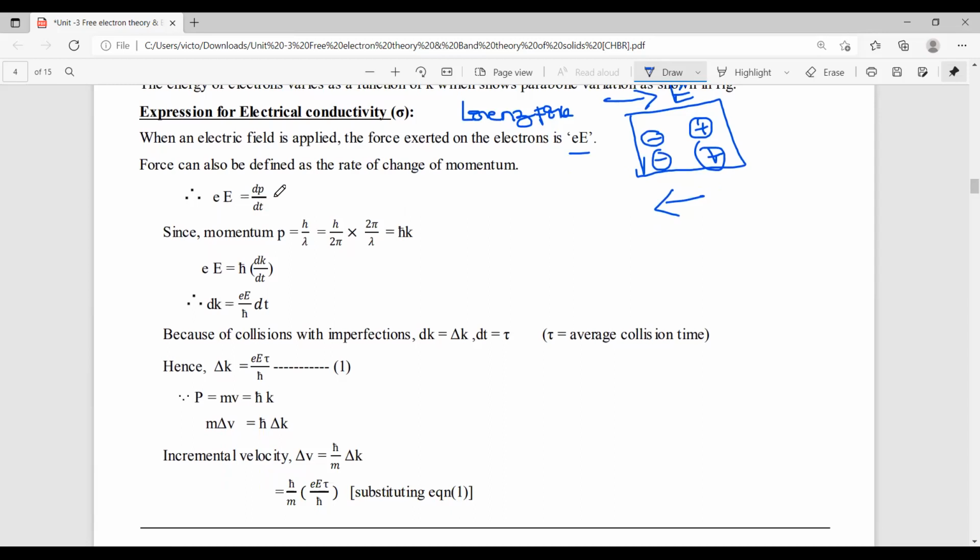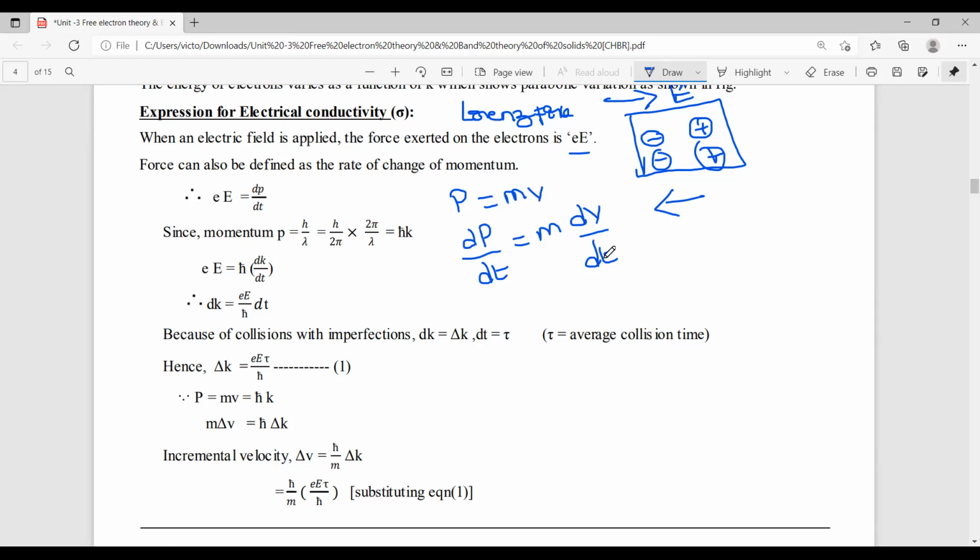Now, it is also equal to the rate of change of momentum. What is the rate of change of momentum? Momentum P is mass into velocity. Differentiating on both sides, as the mass of the particle is constant, dp/dt equals m dv/dt.